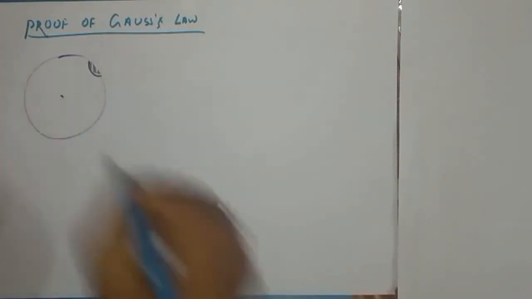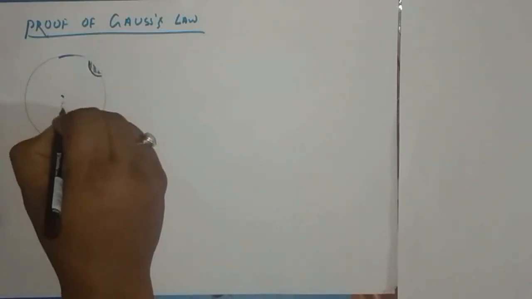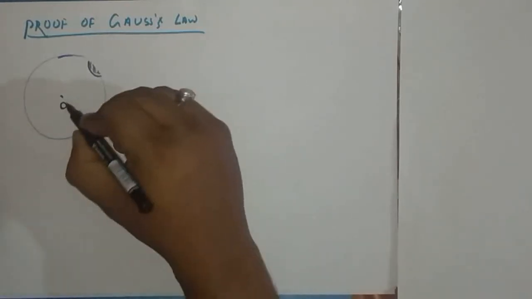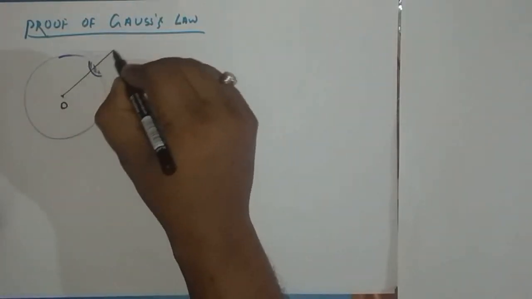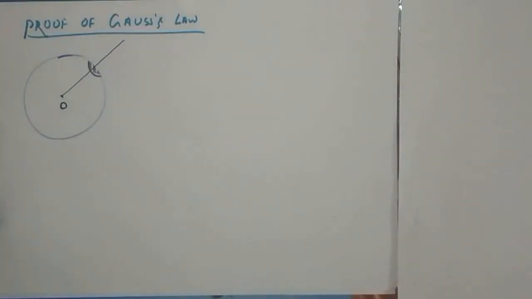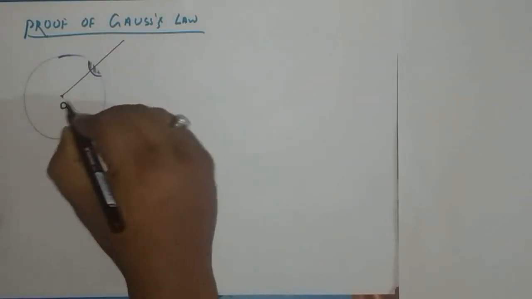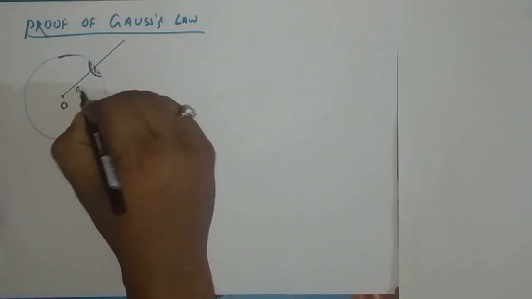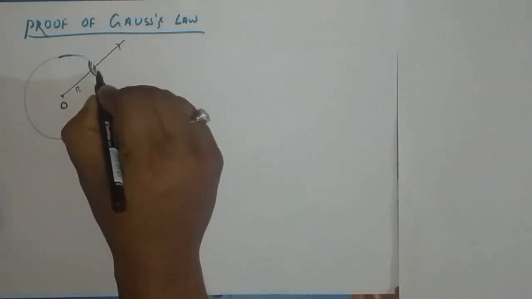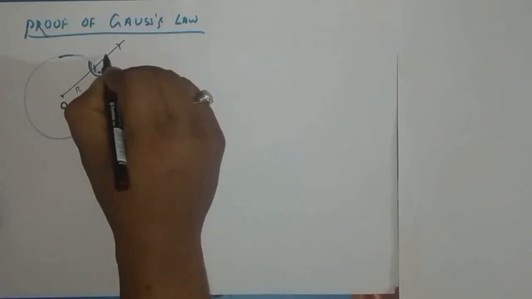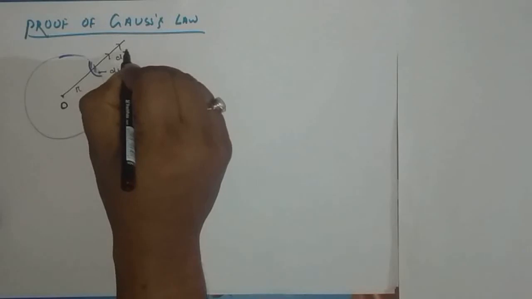This is the center, center is O. Draw this line. This process we will repeat in Gauss law applications in the next class. For the time being, just focus on this. So this is my radius R, obviously the radius vector. This is nothing but the elementary area ds, so this is my ds vector.